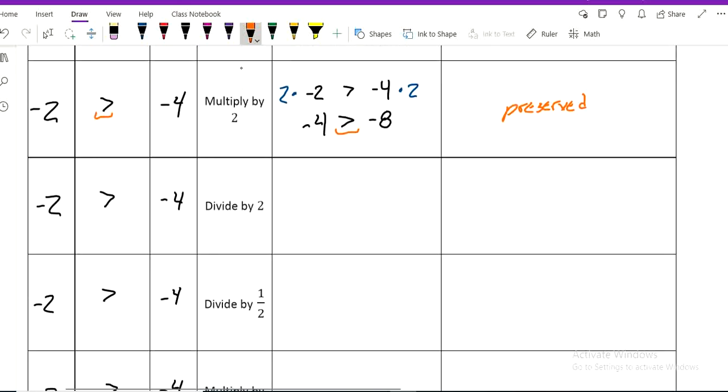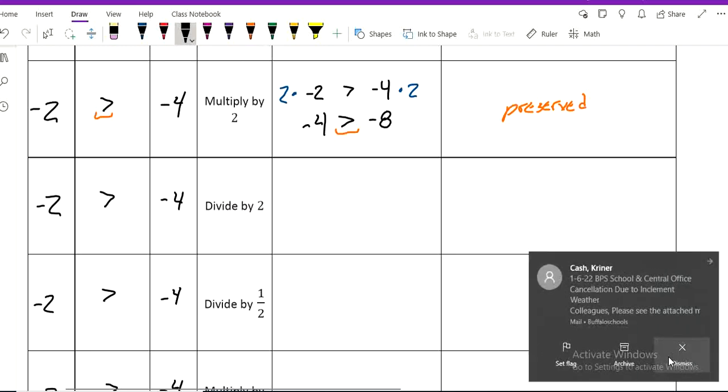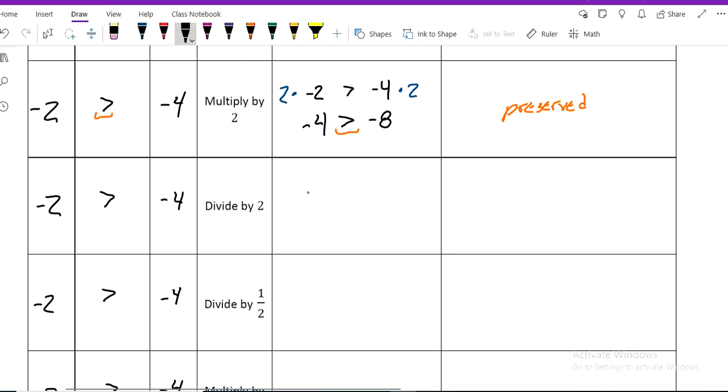So dividing by 2, the first time we have division. So let's see, -2 on this side, -4 on this side. And they want us to divide each side by 2 for this. So put my division bar, divide by 2, divide by 2. What happens?